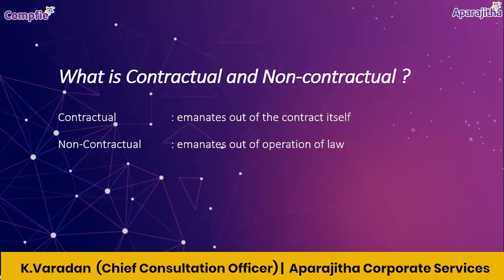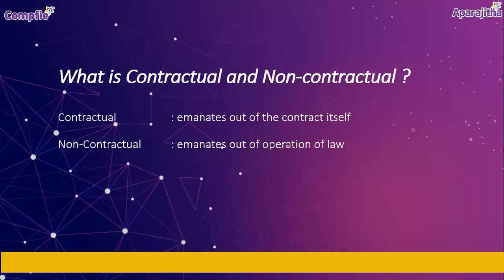Irrespective of whether it is mentioned in the appointment order or not, because of the operation of the existing law, the Employees Provident Fund and Miscellaneous Provisions Act, this will become applicable to the individual employee as well as to the establishment. So it is non-contractual. It need not be there in the contract of employment. That is what I mean by non-contractual.